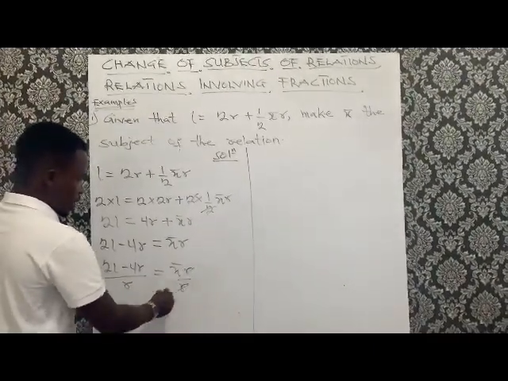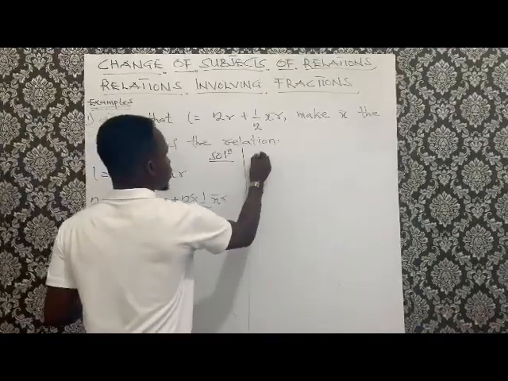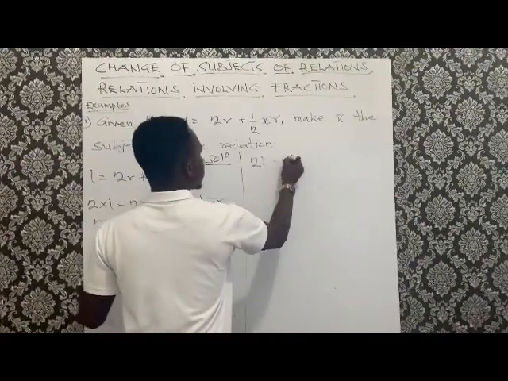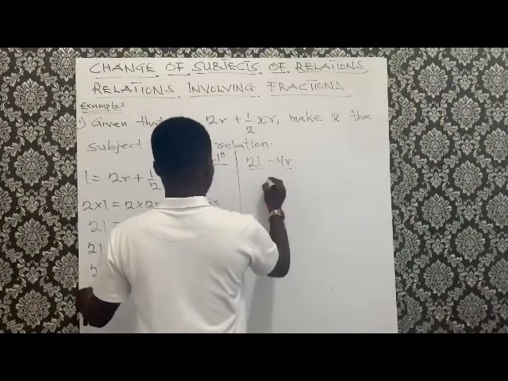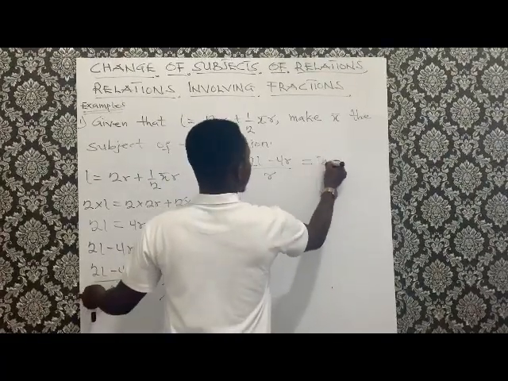So it's left with 2L minus 4R all over R equals power.